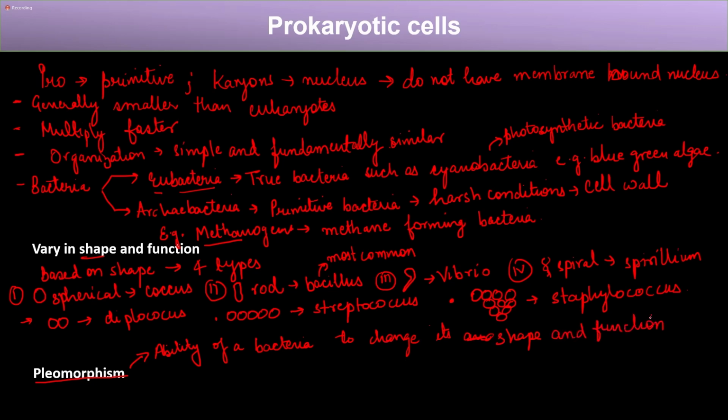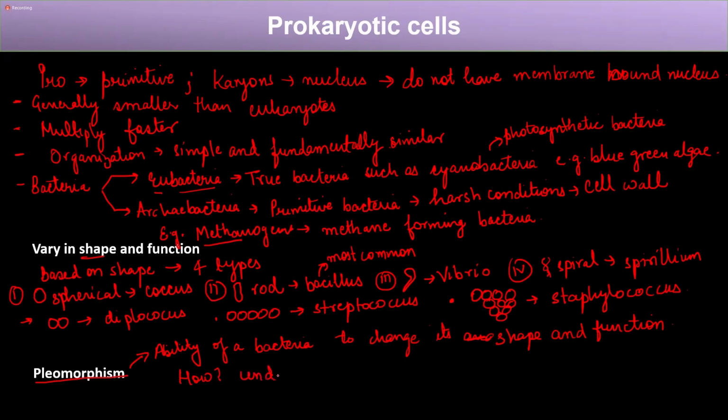So if a bacteria is able to change its shape and function, then this bacteria will be known as pleomorphic bacteria. And why or how does this bacteria do this? It does this under the influence of the environmental condition.